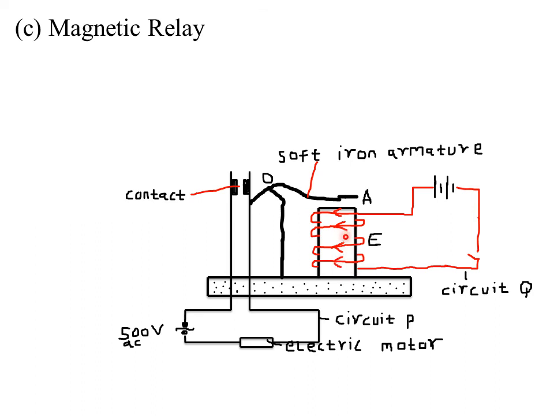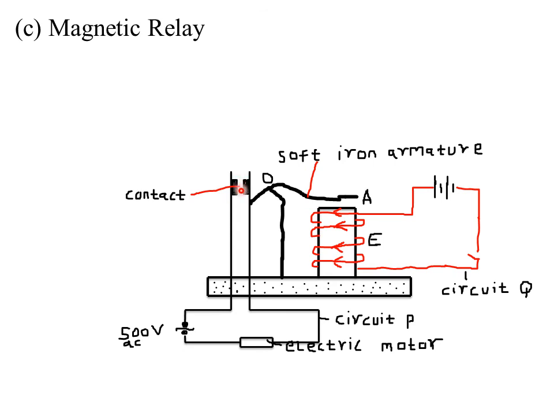When it gets magnetized, it attracts the soft iron armature A. When A is attracted, the lever O moves downwards, so this other part moves upwards, because it is a lever. As this part moves upwards, it closes this contact, that is, this part gets in touch with this other part.